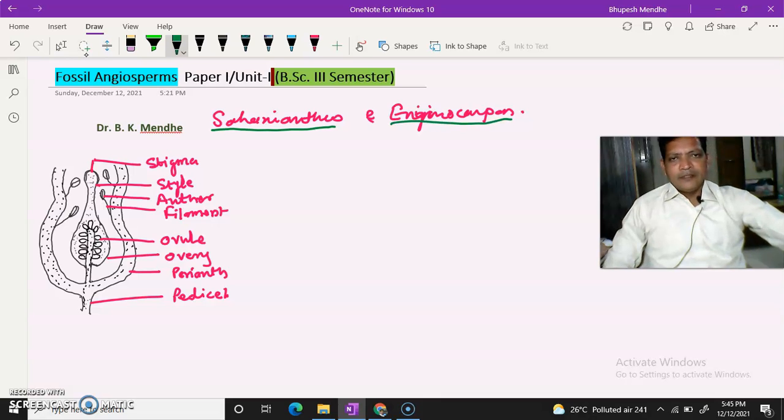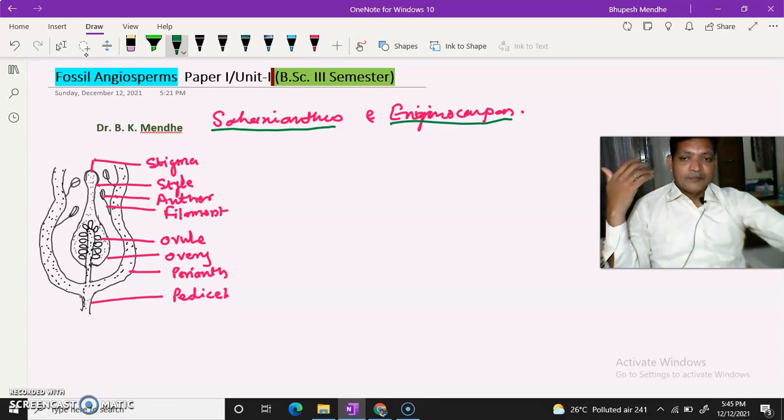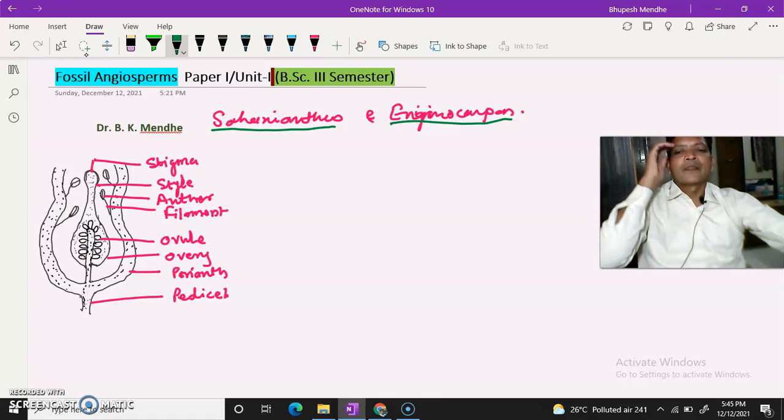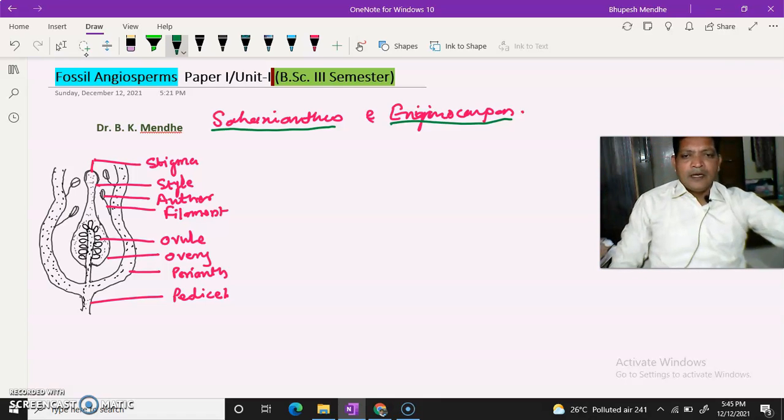As you have already studied in the last semester, what fossils are, what the types of fossils are, in which geological age they were preserved, and the theories of formation of fossils, and many things.